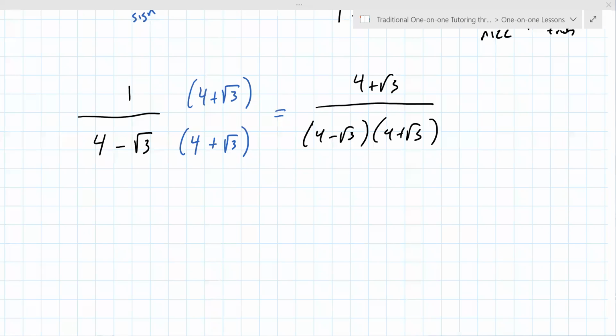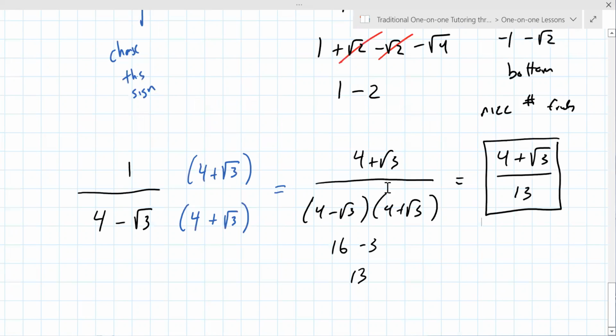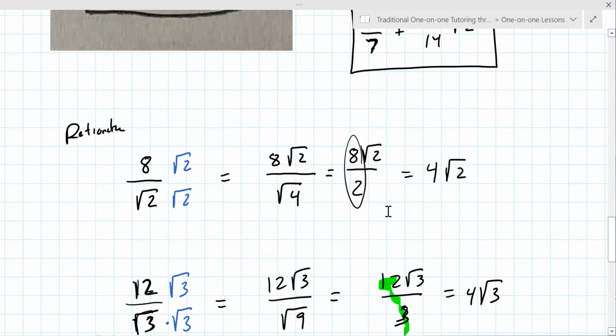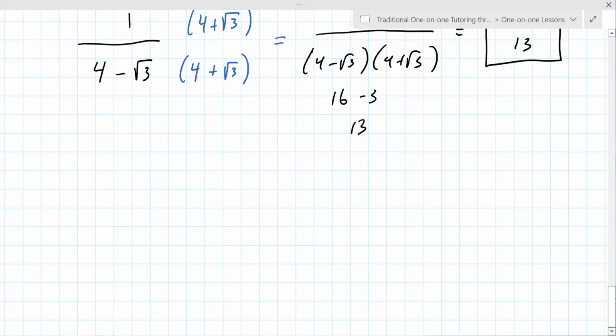So I got 13. Yes, it becomes 16 minus 3, which is 13. Very good. So in the numerator, it's 4 plus square root of 3 over 13. And this maybe is okay, but it's not really preferred, but I guess that's okay.